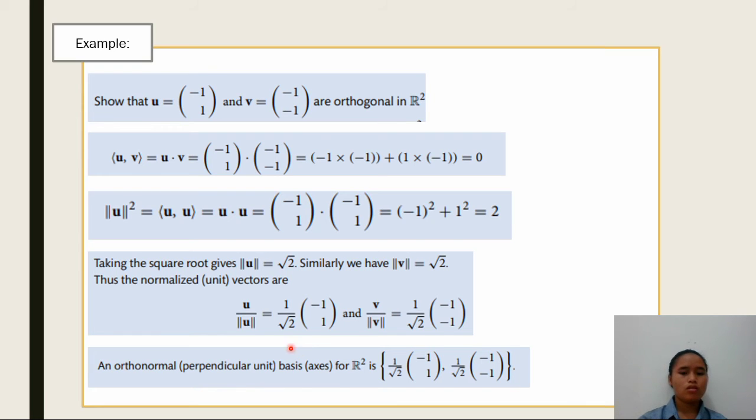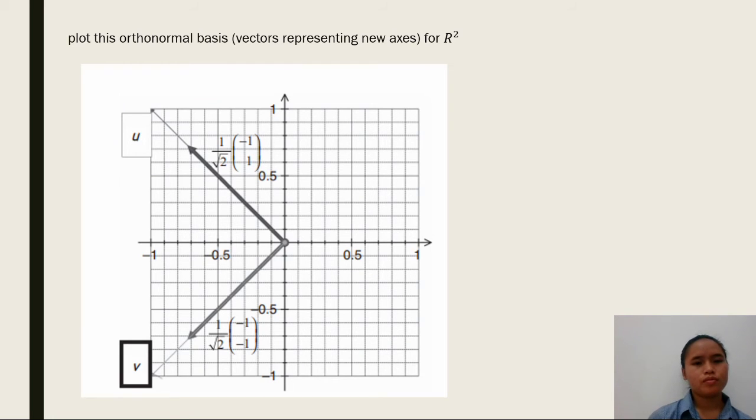An orthonormal, perpendicular basis axis for R4. So this is an application in two dimensions. This is orthonormal.